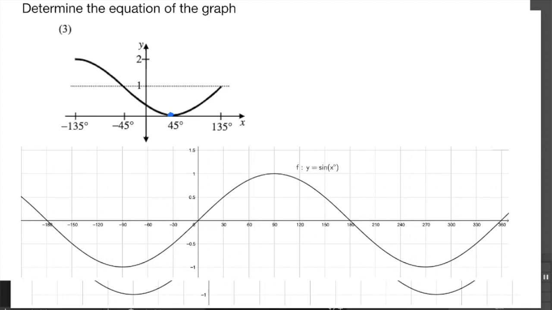So I can see two people here, one person approaching this from the sine point of view, and another person approaching the same question from the cosine point of view. There's no problem, you can start wherever you want. This is either a cosine graph or a sine graph anyway.